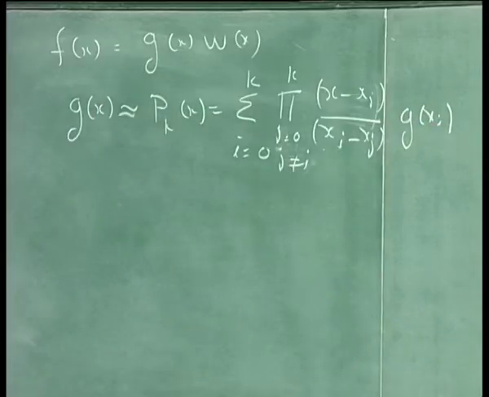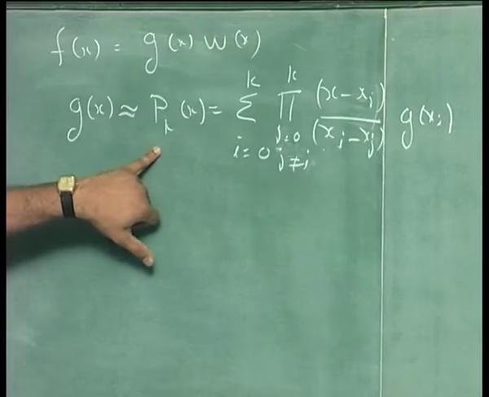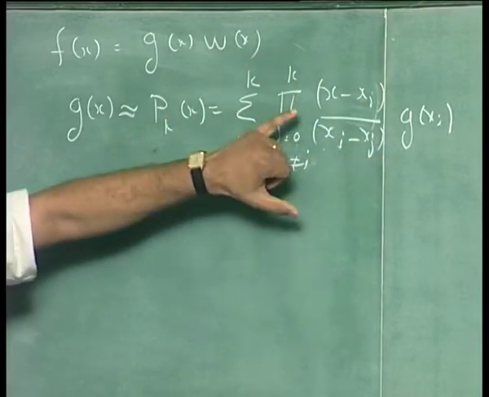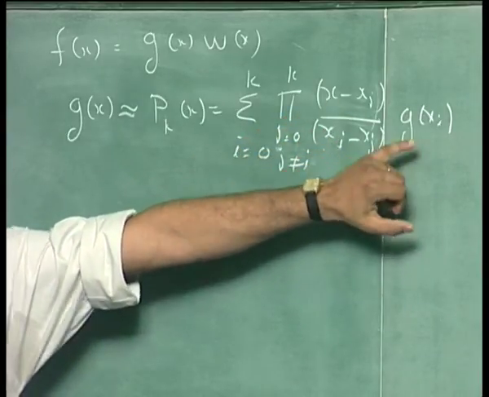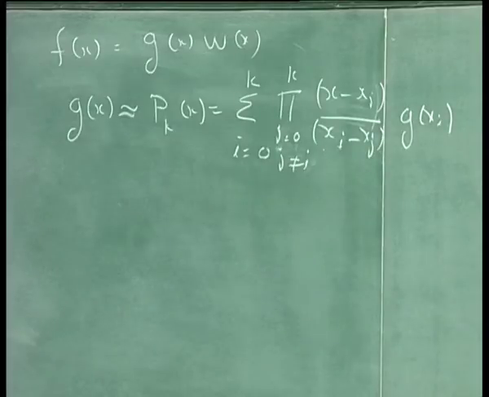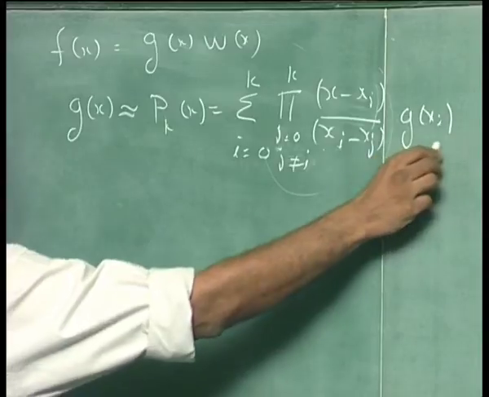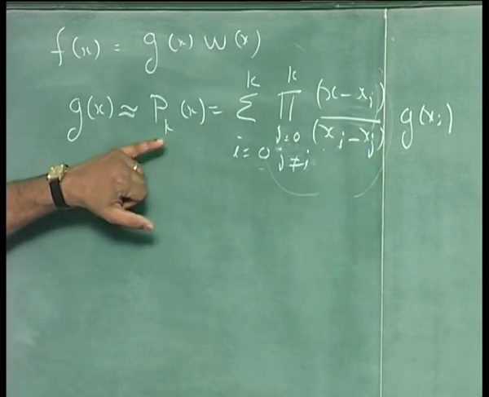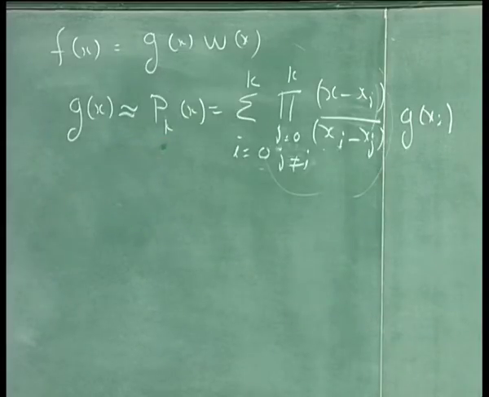We have written this in the polynomial interpolation case. So you have a sum of the products, where the products are x minus xj by xi minus xj, and g of xi. We have to evaluate this product, multiply it by the function, and then take the sum. That is the Legendre form for the polynomial approximation.